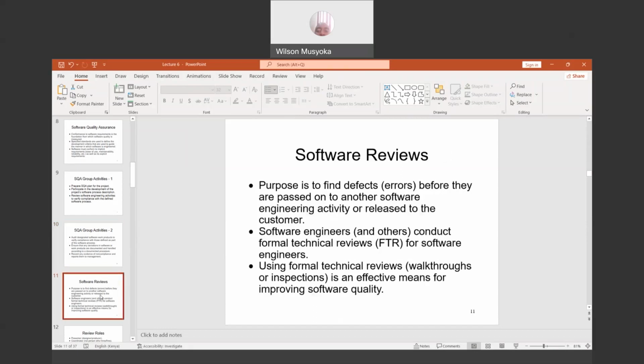Then after that, you will come to software reviews. When you are doing reviews, you are doing them to check if there are any defects or errors before it is passed to another engineering activity.